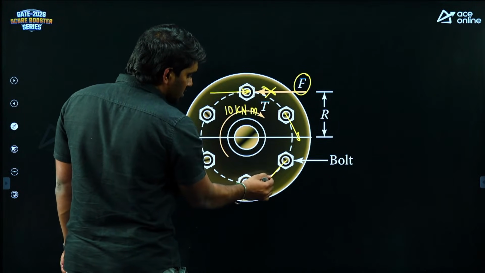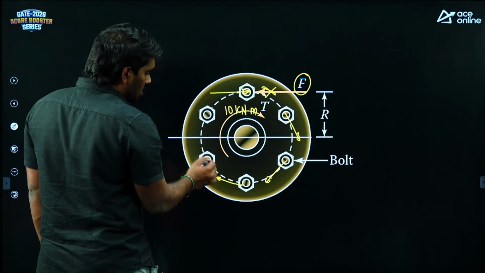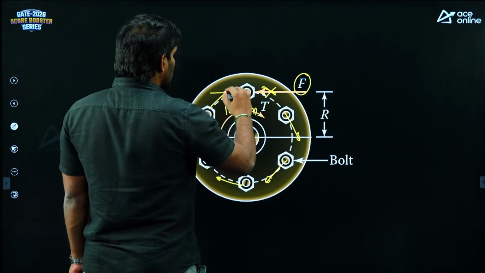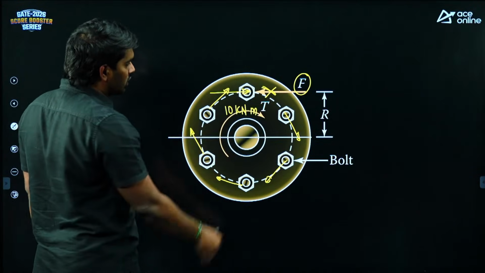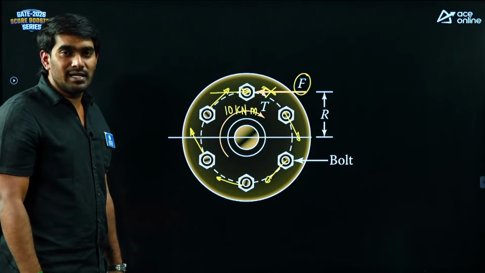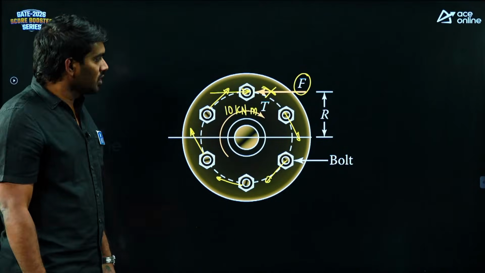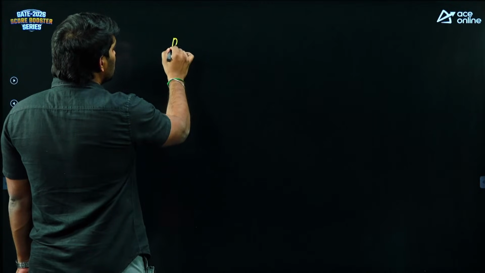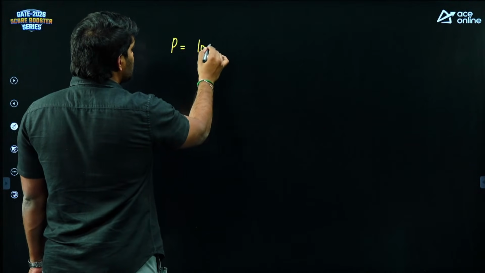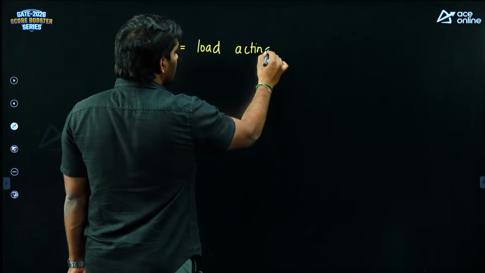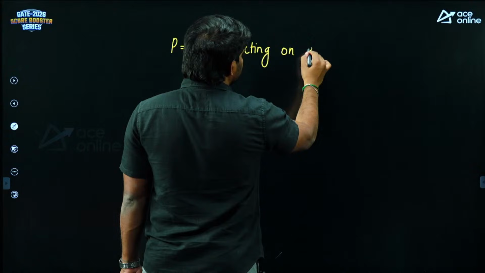This is the effect of the torque on each bolt. As all the bolts are identical in nature, let's assume that P is the load acting on each bolt.